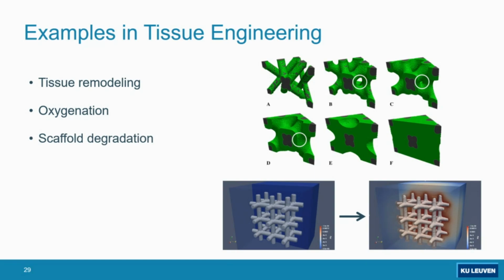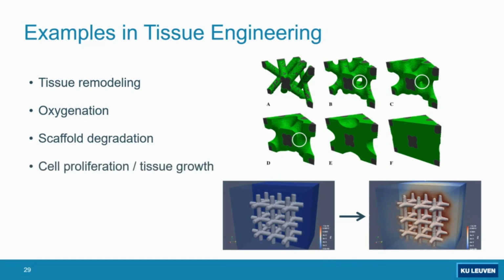For example, scaffold degradation, which is related to my PhD work, is the figure that you see at the bottom here. We have a tissue engineering scaffold, but over time you want it to disappear and be replaced by tissue. For this one, we have a relatively complex equation that we cannot solve analytically.